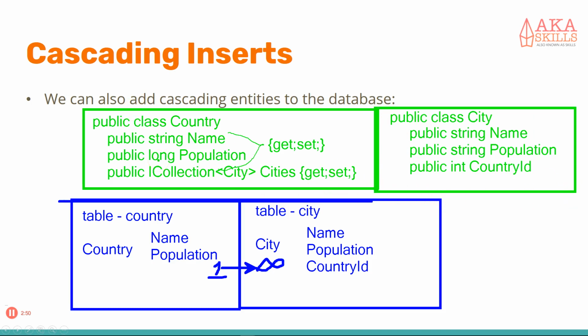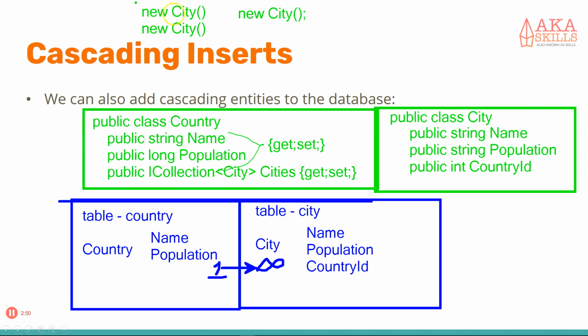You can see that in the one-to-many, inside the Country, I got a collection of Cities, and inside City, I got CountryId. Now, when we're adding something, let's say when I add a new country, I would like to have cities as well. So what I can do, I can first create a new city, after that another new city, and after that create another city.